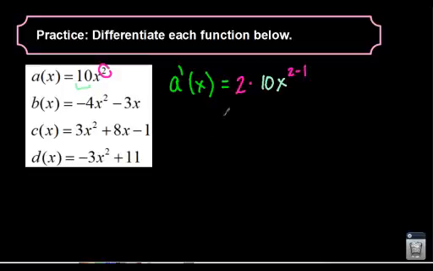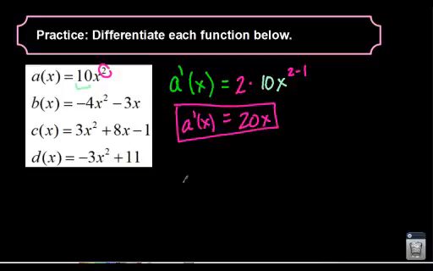So we end up with 2 times 10 is 20, x to the power of 2 minus 1, which is 1. So a prime of x equals 20x.